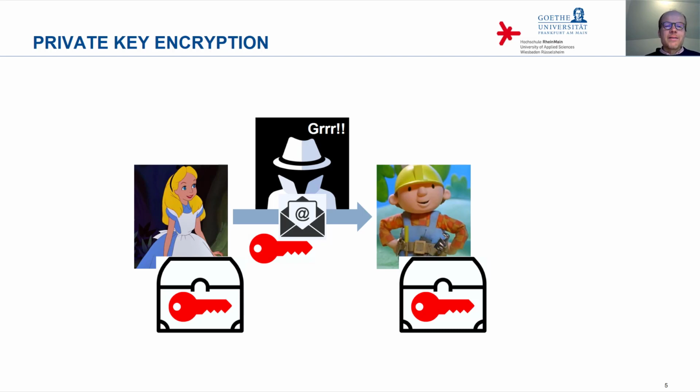But this would mean that every time they want to communicate, they would have to physically meet in one place and exchange a private key. And this is, of course, for practical purposes, extremely inconvenient. So whenever you want to use private key encryption, the main practical challenge is to devise a way for Alice and Bob to share a private key without having to meet physically in the same place.